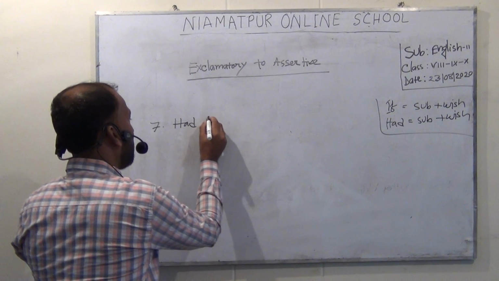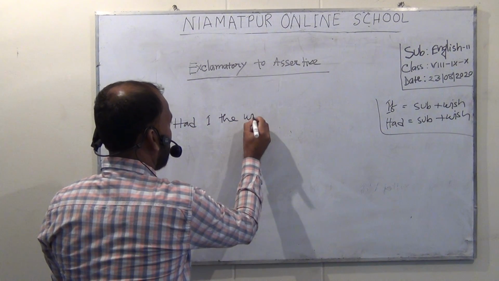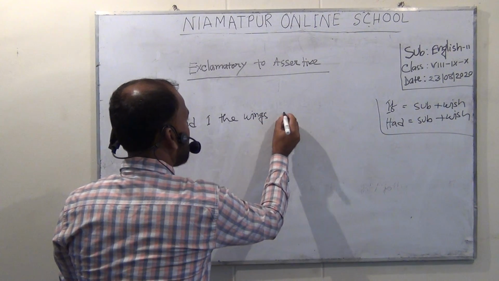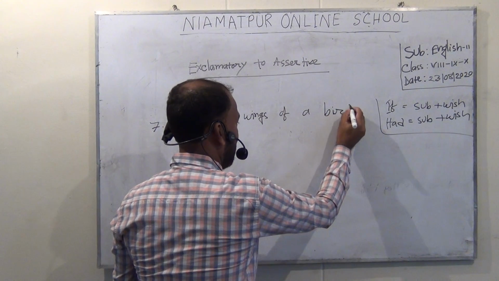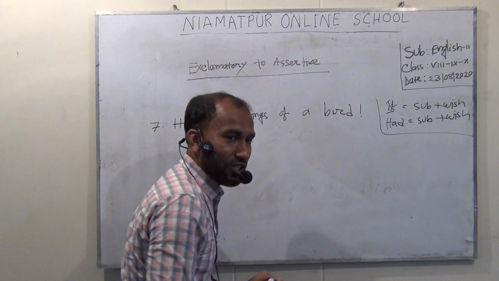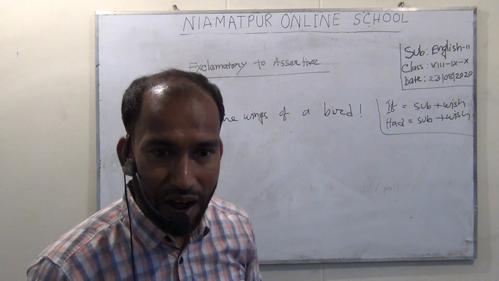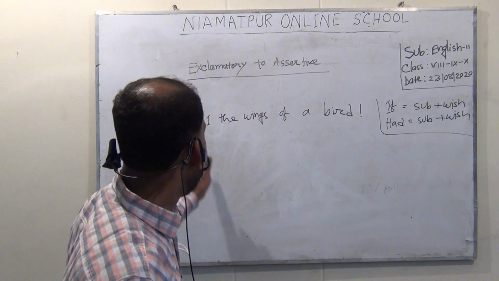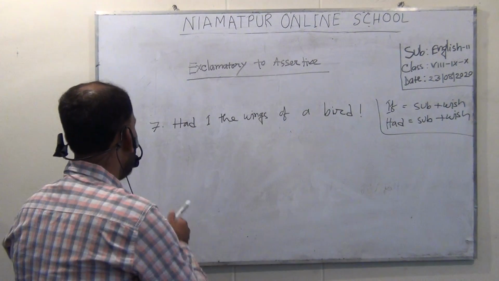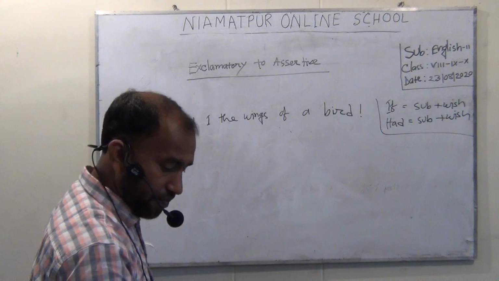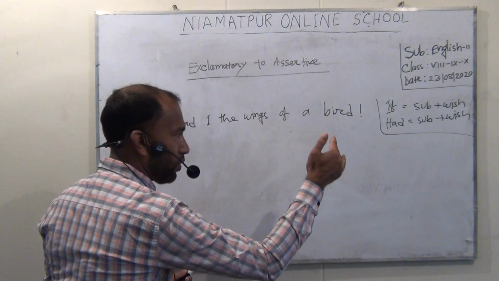Had I the wings of a bird. Actually, this is called imagination. It is impossible for a man to become a bird. So this sentence expresses imagination. This time we can write down subject and wish.